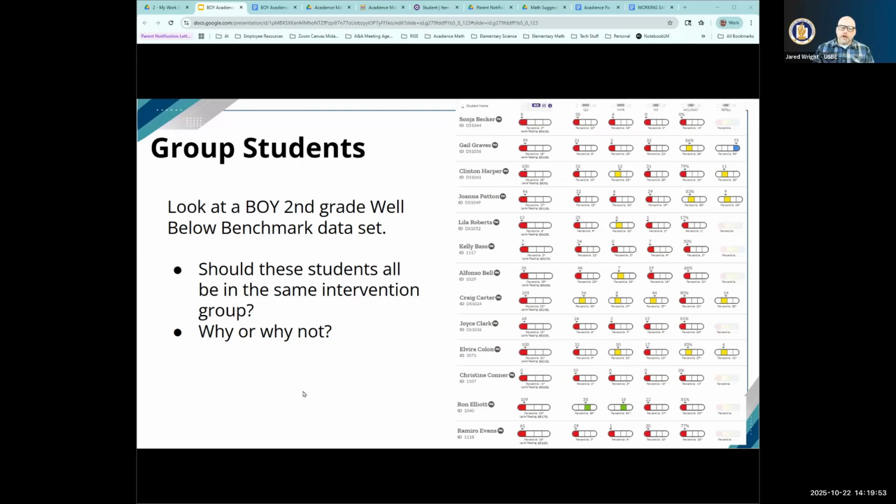Some students are well below in particular measures, and there's a couple of students that are at benchmark, and some are above benchmark in those measures. So they're not going to need that support like some of the others. And even based on the composite score, there's a score of 8 or 7 versus 100. There's even one for 0. So there's a wide range.